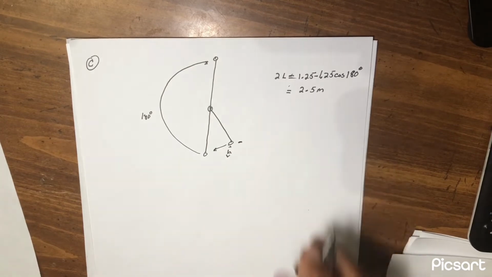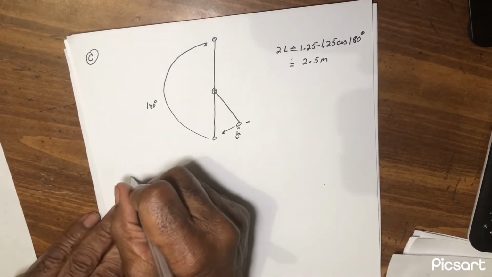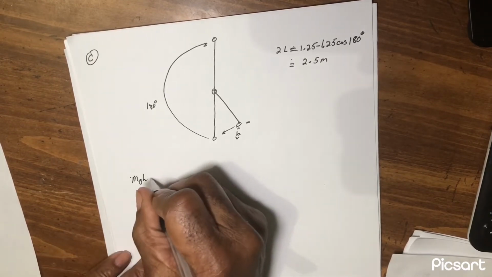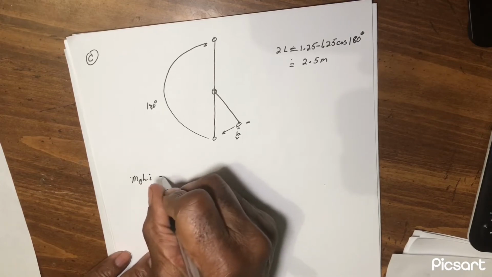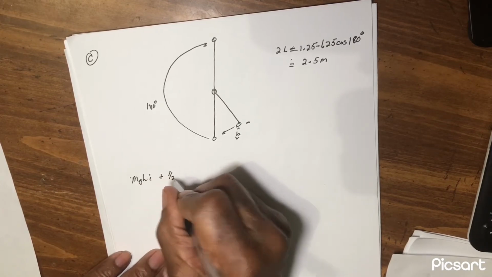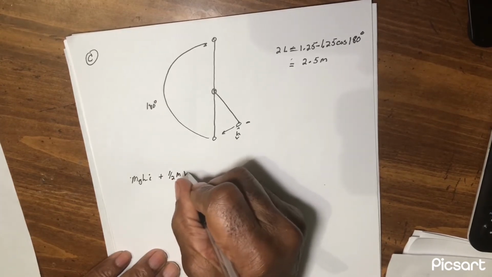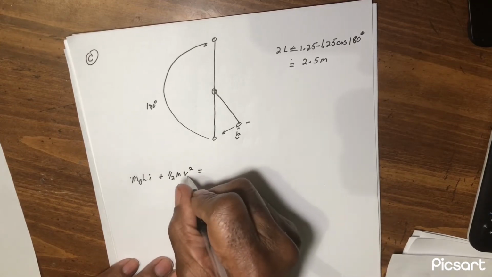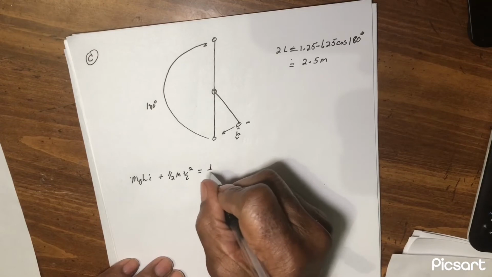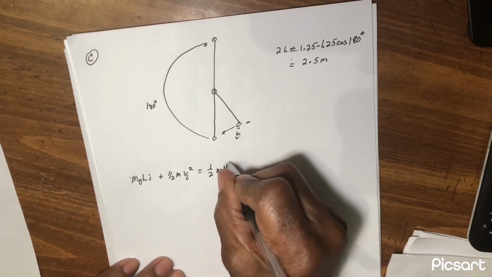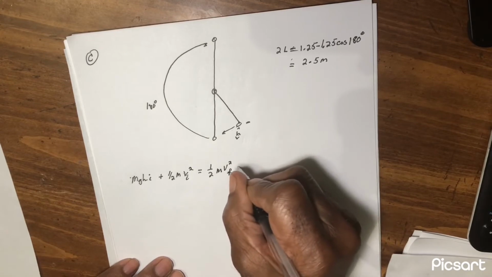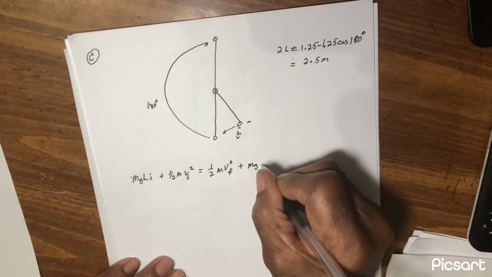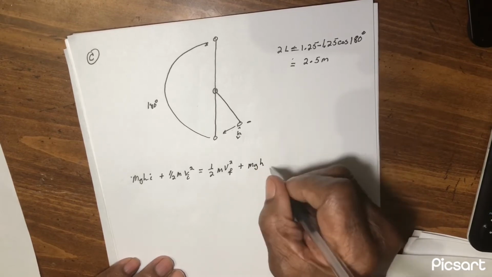potential energy position. So we go mgh initial plus 1/2 mv squared, that's initial, is equal to 1/2 mv squared, that's final, plus mgh final.